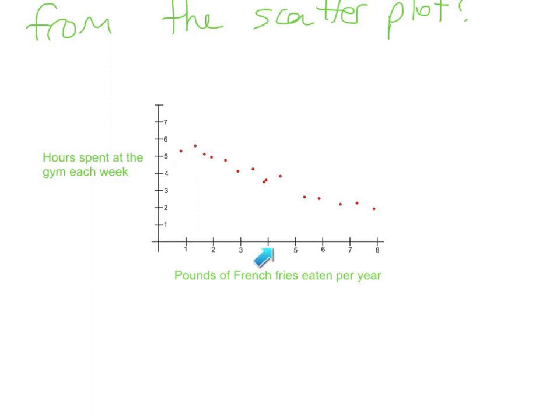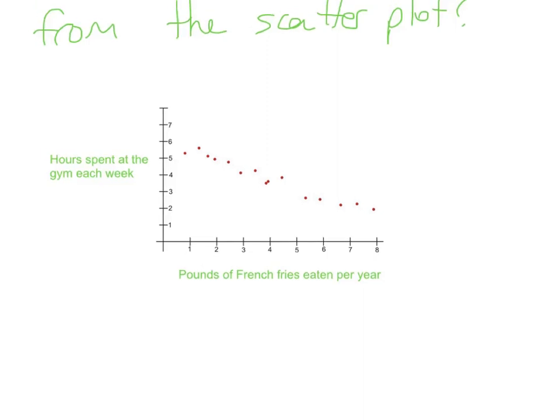But this person here ate 4 pounds of french fries per year, and only went to the gym 3.5 times per week on average. And this person down here ate 8 pounds of french fries, and only went to the gym 2 times per week on average. So what are we seeing here?